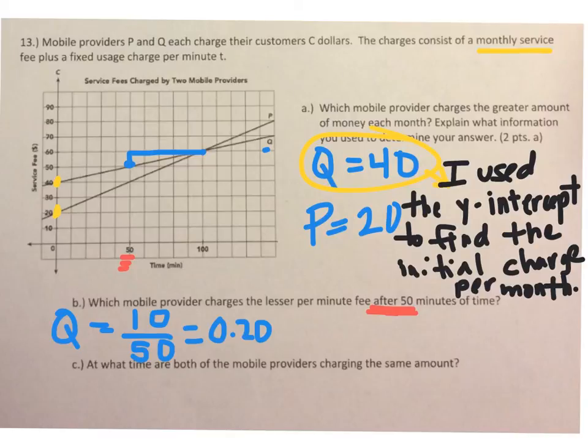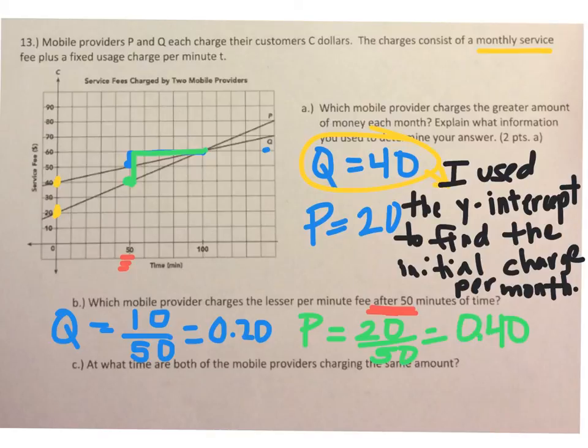Let's look at line P. I'm going to do the same 2 points after 50 minutes. From P, I'm going to rise and run to those 2 points. So you can see for line P it rises $20 for 50 minutes. So that's a charge, 20 divided by 50 is 40 cents per minute.